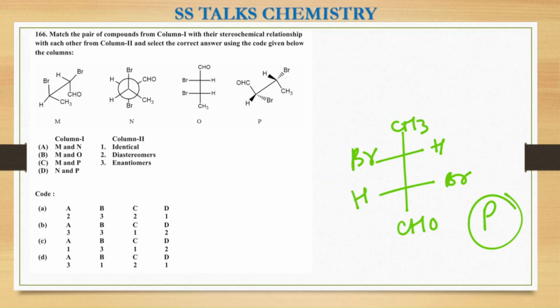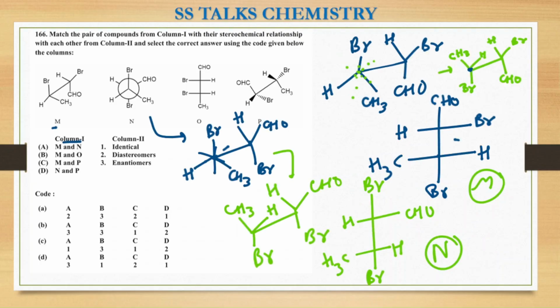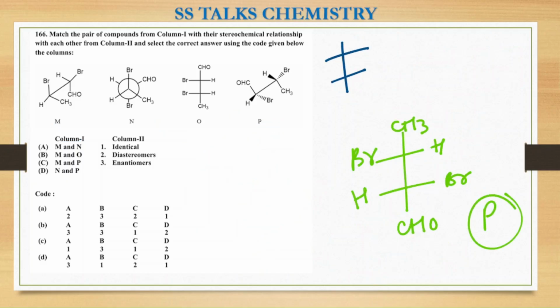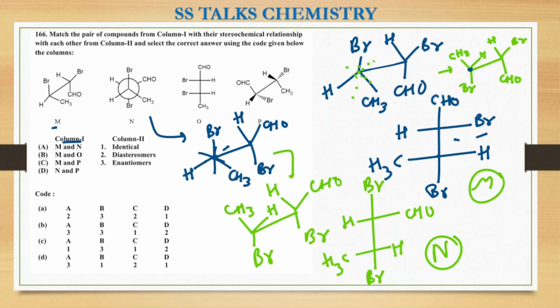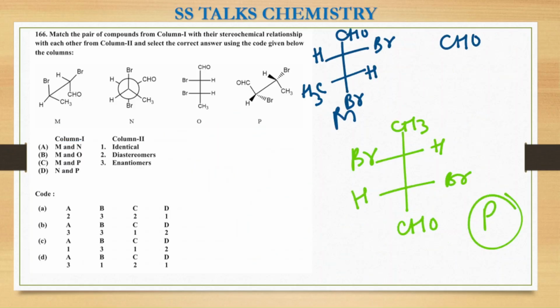So this is the P molecule already we are having. The M and N we can draw over here. At the M position we are having this Br, and this is CHO, Br we are having hydrogen, and at this position the Br is present, here is hydrogen and this methyl. This is your molecule M we were having, and the other one, the N molecule we have drawn, is Br, hydrogen, and the CHO.